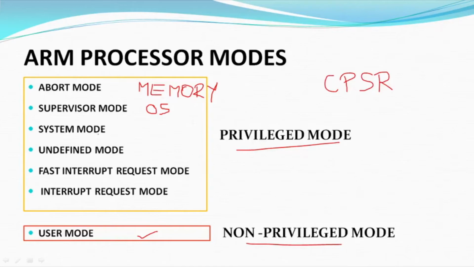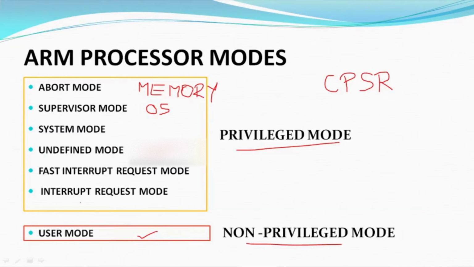System mode is exactly the same as user mode, but in system mode you do have the capacity to access, read, write or modify any content of CPSR. Next, we have undefined mode. If the ARM processor tried to execute an undefined instruction, in that particular case, the ARM processor will jump into undefined mode.